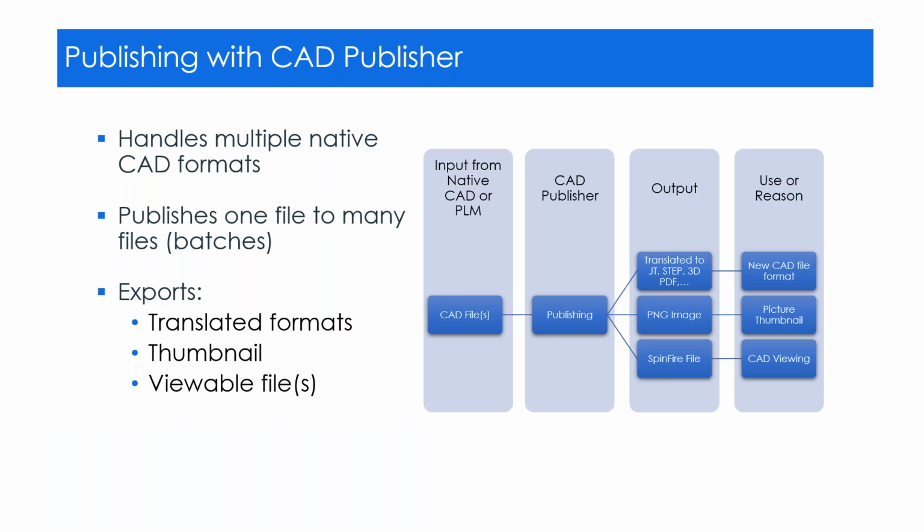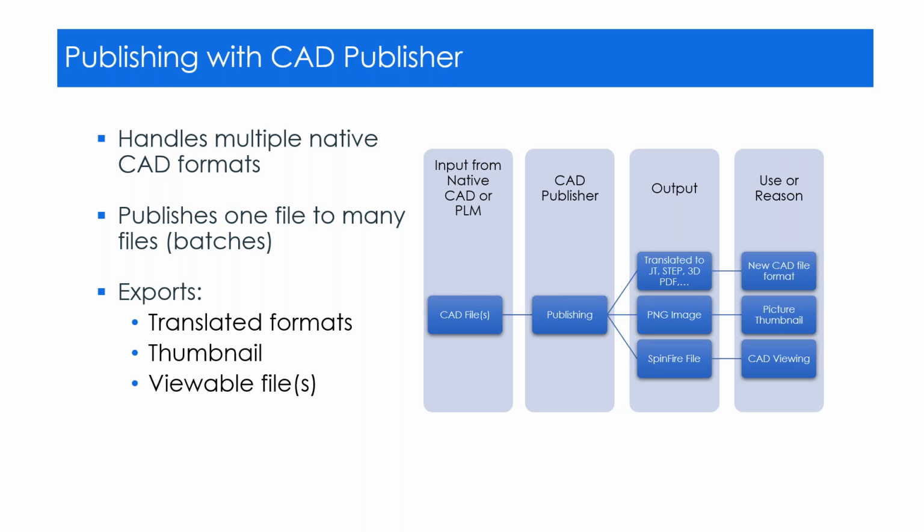Another product that we recently announced is CAD Publisher. The purpose of the CAD Publishing solution is to publish data from a native CAD file for downstream use. This image here is a good example of some of the functionality that it has. Like SpinFire, it handles multiple native CAD formats and allows your organization to convert those CAD files.